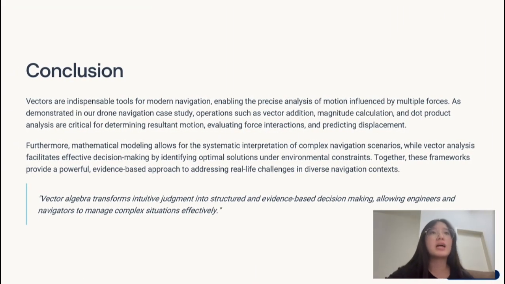Conclusion: vectors are indispensable tools for modern navigation, enabling the precise analysis of motion influenced by multiple forces, as demonstrated in our drone navigation case study.